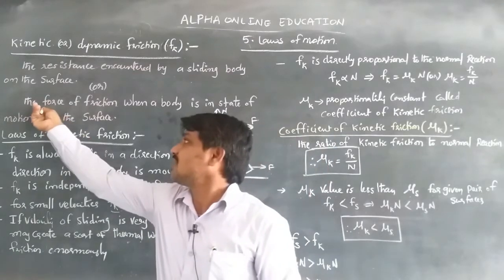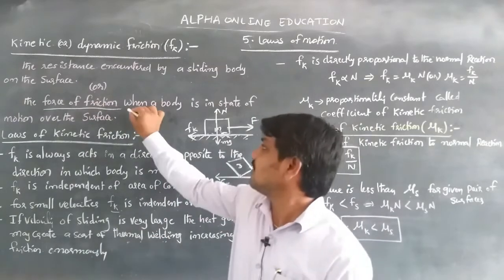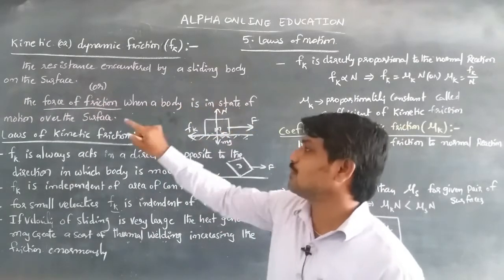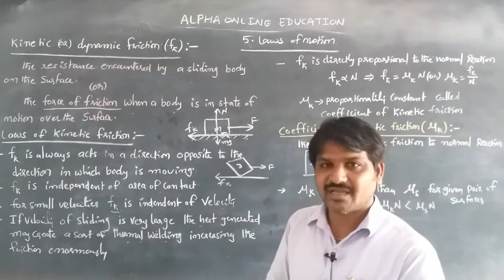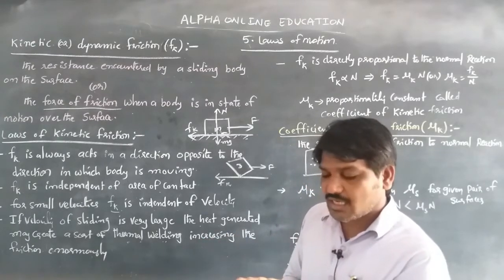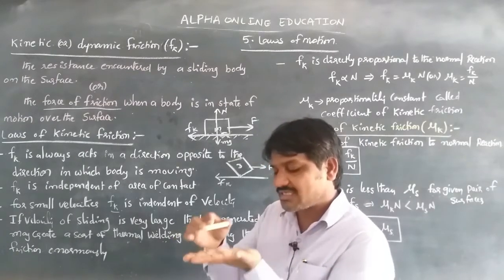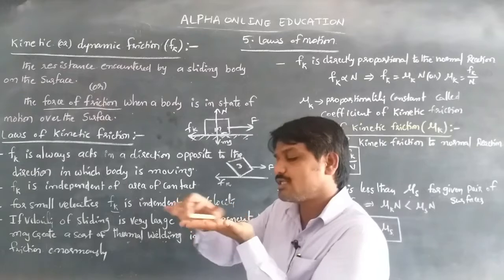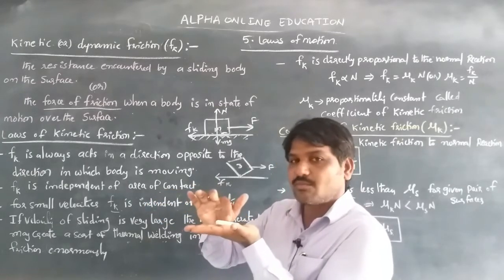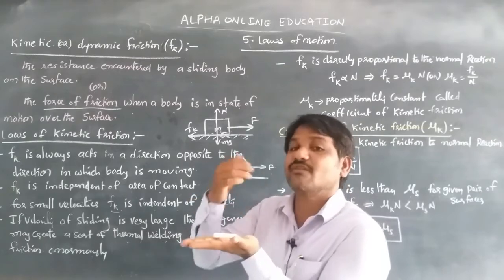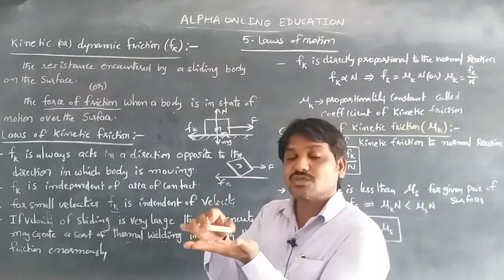From the definition, the force of friction is the force when a body is in a state of motion over a surface. One body stays at rest and another body is in motion; the moving body applies some external force on the surface to overcome the frictional or opposing force.